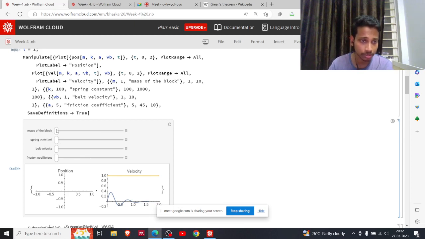Here four parameters we can control: mass of block, spring constant, belt velocity, and friction coefficient.